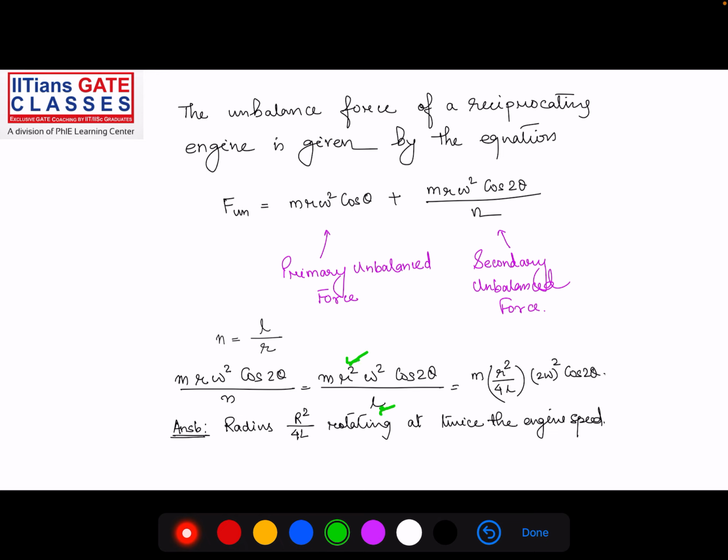So let us multiply it by 4 and make it r square by 4L. Once you do that, the 4 you can club it here, so we'll come up with the answer. Definitely in objective questions, you'll also have to go through the answers and see how to come up with the right solution. You can always take help from the options.